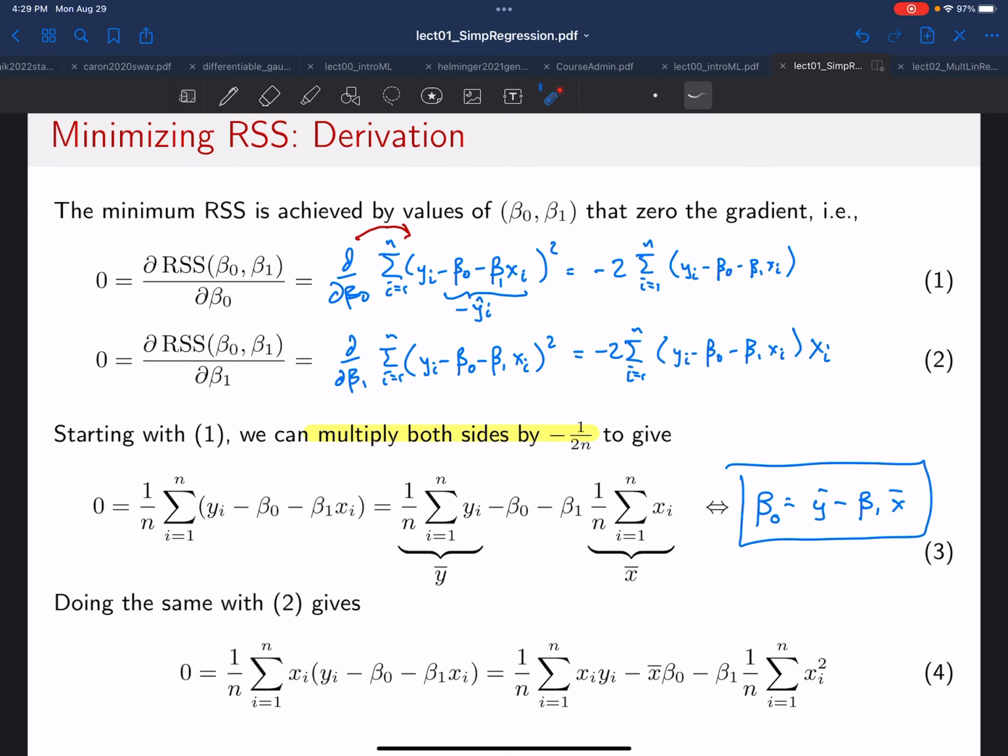And then we get the average of xi beta 0. That's going to give us minus x bar beta 0. And finally, we get the average of xi squared times minus beta 1. So as you can see, these are the quantities we're stuck with that we have to work on a little bit more. Do those quantities look familiar to you?